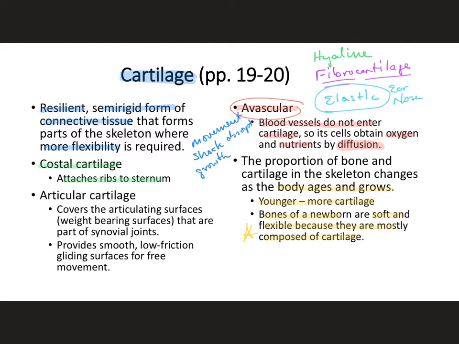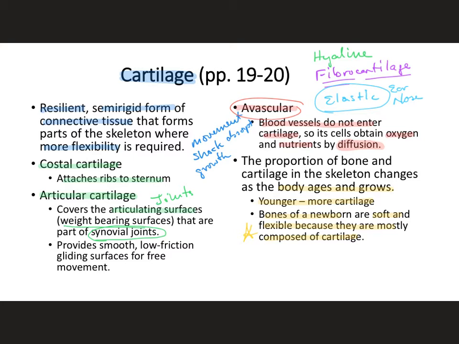The next kind of specific cartilage is the articular cartilage, which is again hyaline cartilage. And this covers all the articulating or joint surfaces in synovial joints. And these are the weight-bearing surfaces.